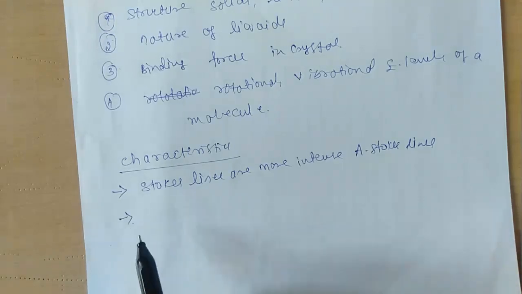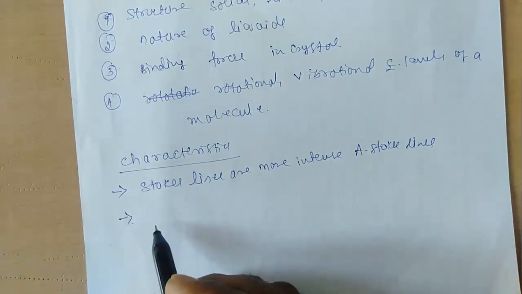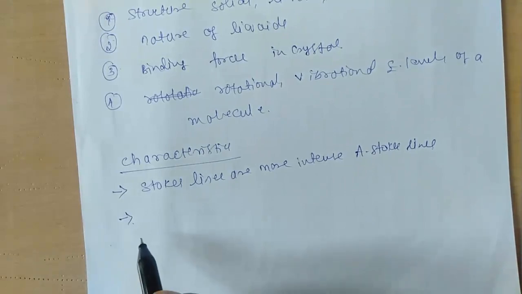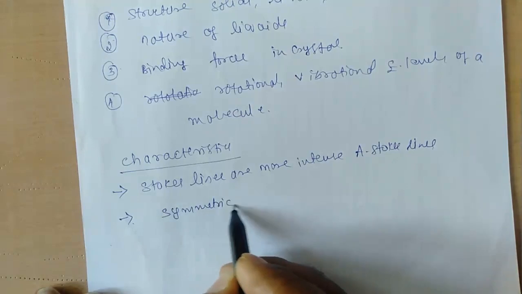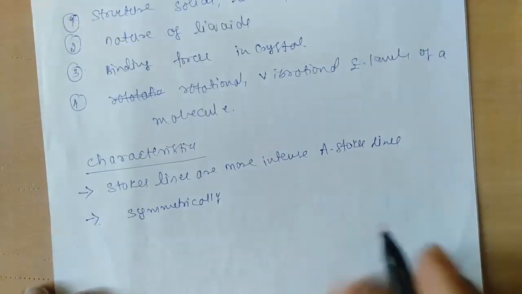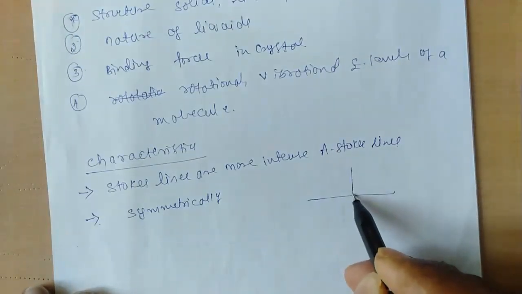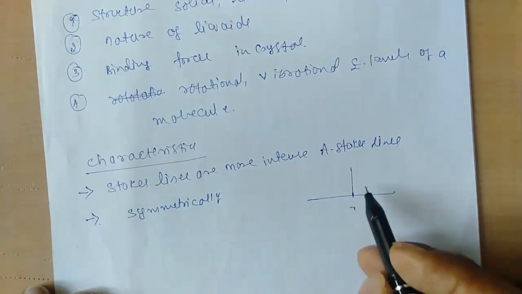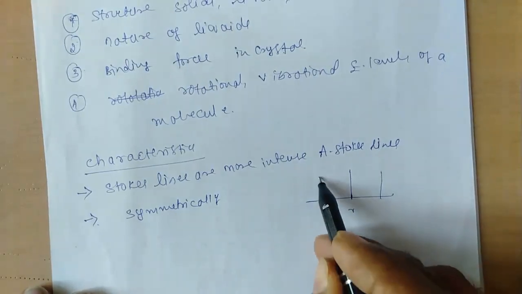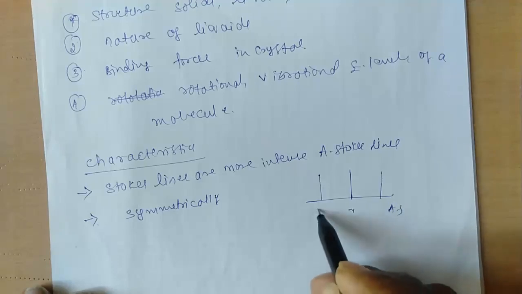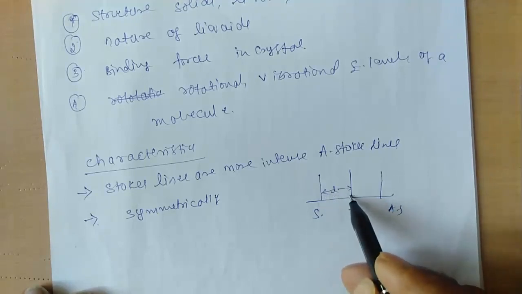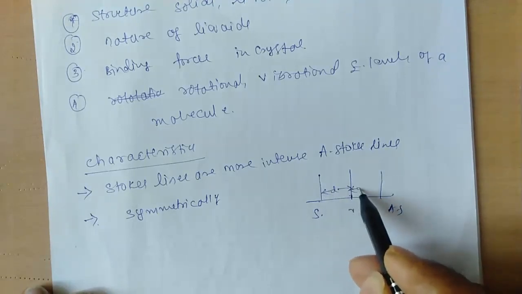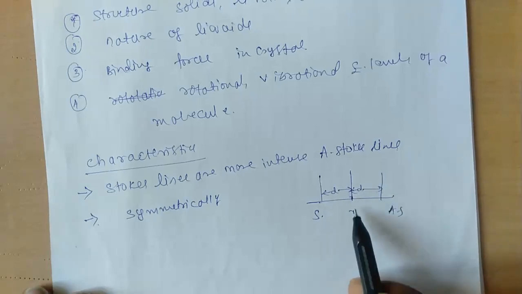And in case of Raman lines, that is Stokes lines and anti-Stokes lines, are symmetrically placed. What do you mean by symmetrically placed? Means if this is the spectrum, this is the unmodified line, okay, and if this is the Stokes line and this is the anti-Stokes line, so the distance between the unmodified line and the Stokes line will be equal to the distance between the unmodified line and the anti-Stokes line.